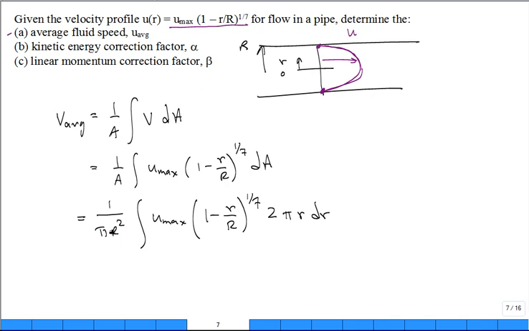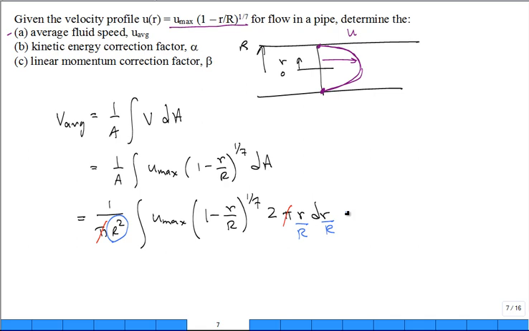So cancel the pi's. Bring this cap R squared here inside. Put one of them right there and put the other one right there. So now we have a new variable of integration.